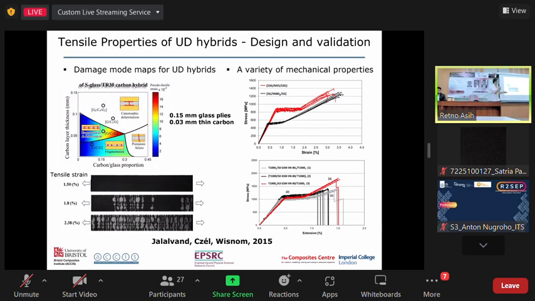But after we put this tensile loading, because the carbon is quite thin, it's able to fracture and delaminate slowly because of the thin carbon ply. So the level of stress in this hybrid composition is not as high as, for example, for a thick laminate.